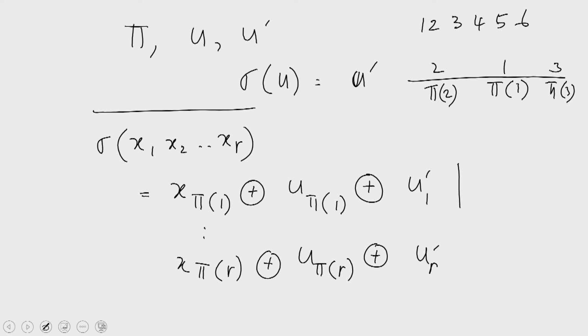When we are given a permutation pi of 1, 2, 3, 4, 5, 6, these are the original positions, original dimensions, and if the permutation pi is of this sort, then the pi1th position will be occupied by 1, the pi2th position will be occupied by 2, and so on. So what we find is that when the renaming is effected in this manner, then the desired properties are achieved.